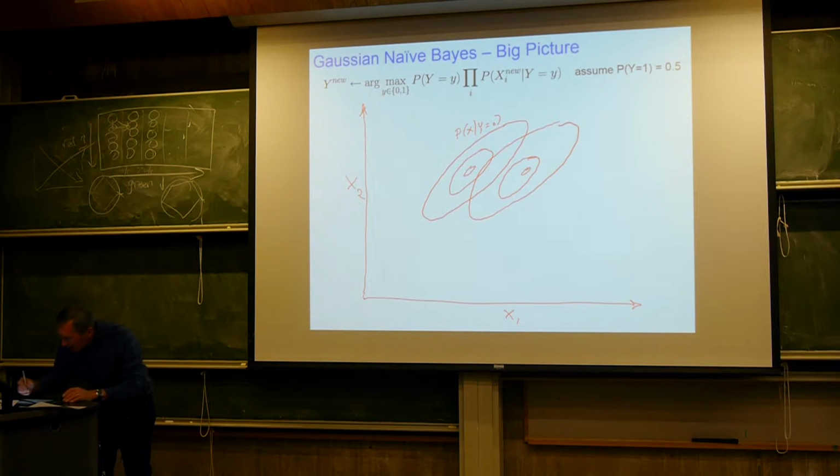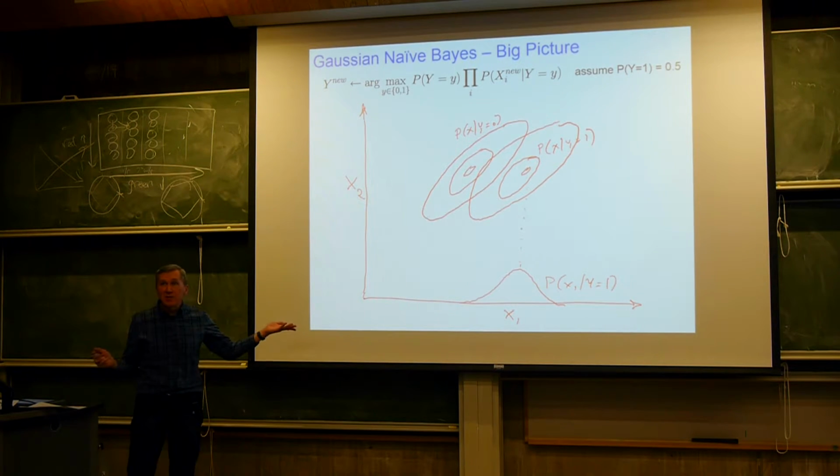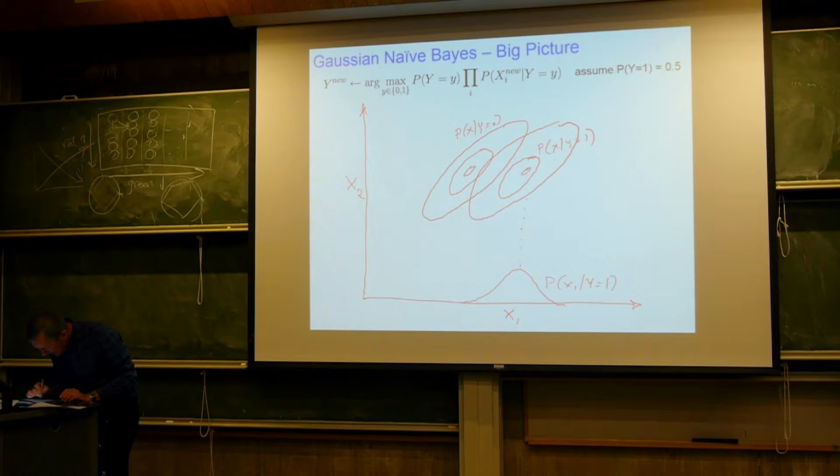Then p of x1 given y equals 1 will look something like this. It's going to peak here. And my p of x1 given y equals 0 will be slightly to the left. So it might look like this. Again, artist's conception.